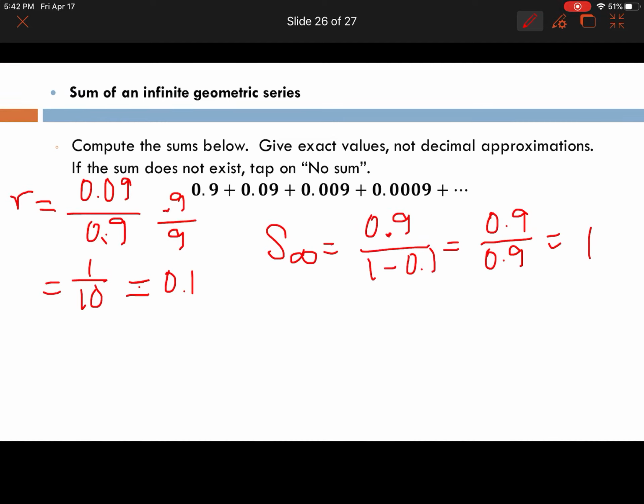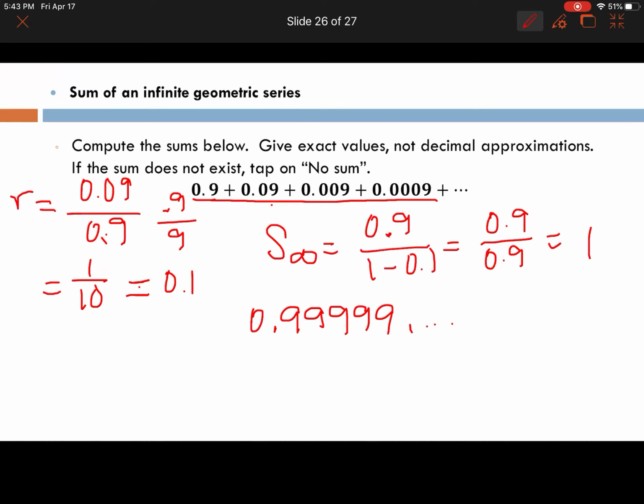So I don't know if you noticed, but this is the same as, look, if we actually added these together, I would have 0.999. Since all these are in a different decimal place, we'll just have the 9s. It goes forever. And did you know that 0.999999 is equal to 1?